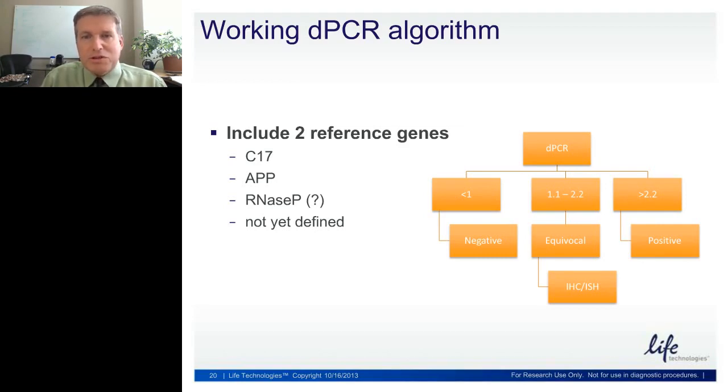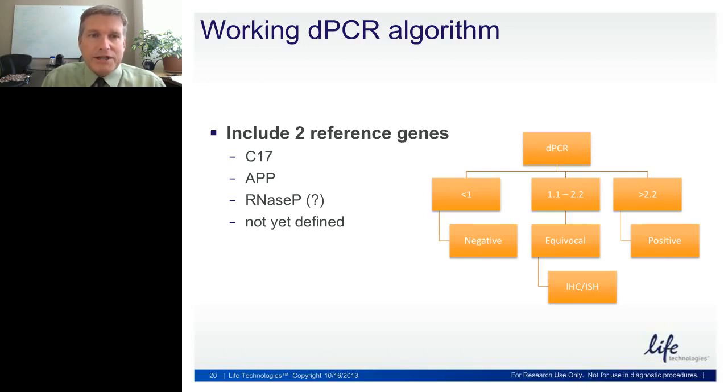If the ratio is between 1.1 and 2.2, then these samples can be called equivocal, and then you move on to do immunohistochemistry or in situ hybridization to determine by an orthogonal test what the amplification status is. Okay? And by doing digital PCR up front, it saves in time and saves in workflow because it is much easier and much more objective than an in situ hybridization experiment.